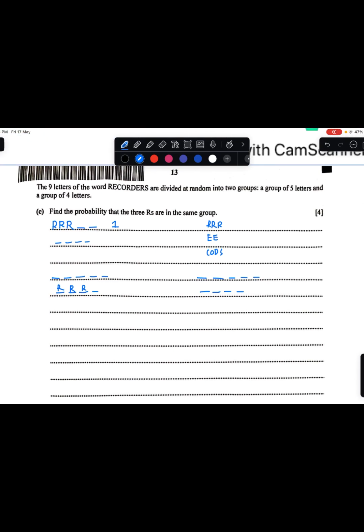Okay, last question, and I can go to sleep. 6 letters of the word, just kidding, 9 letters of the word recorders are divided at random into 2 groups, 5 and 4 letters. What is the probability that the 3 R's are in the same group? So there are 2 cases. The 3 R's are in the 5 letter group, or the 3 R's are in the 4 letter group.